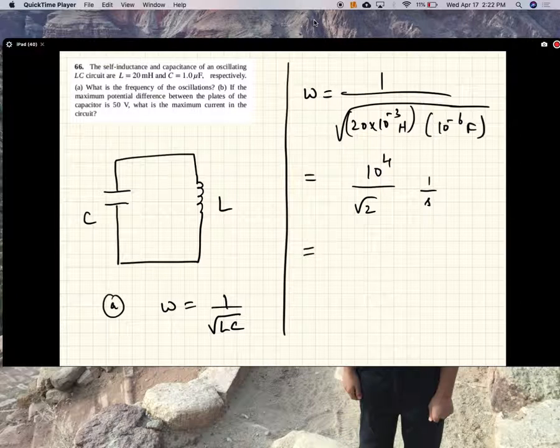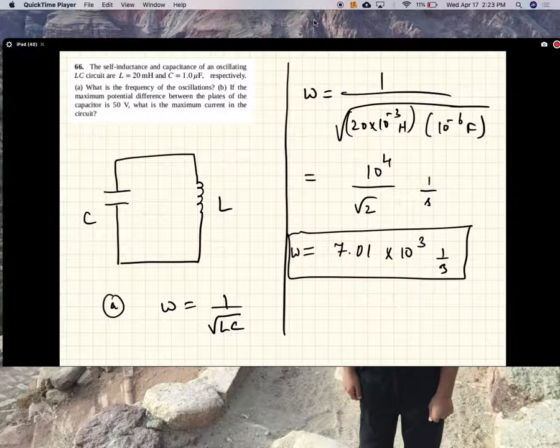So this is equal to, all right, 7.01 times 10 to the power of 3 radians per second.